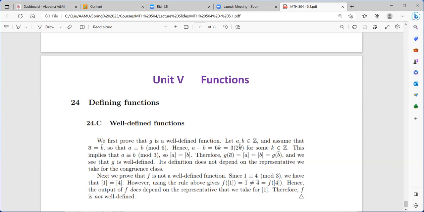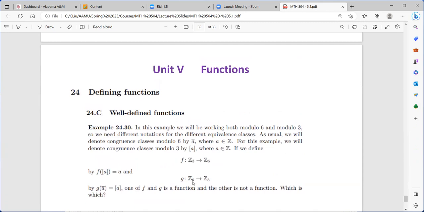Well, we can pick two integers in the same class of Z6. G is from Z6 to Z3, so let's pick two integers in the same class, A bar, in Z6.